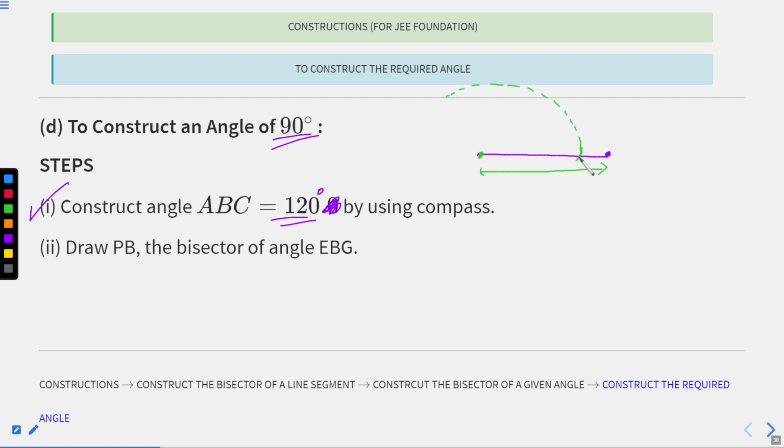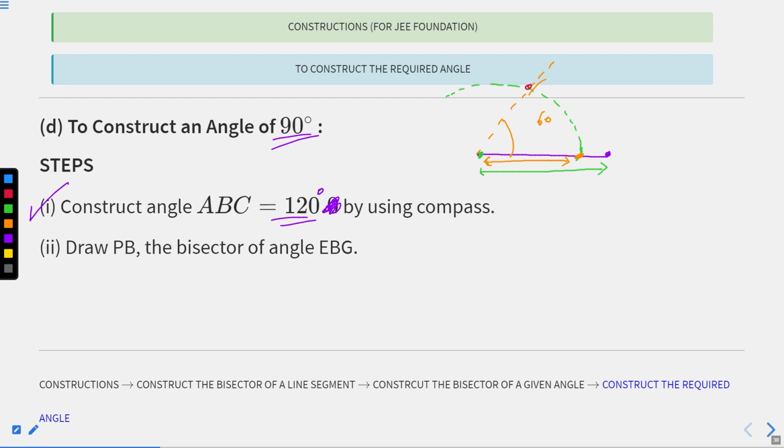Now my center is on the intersection point of the arc and the line segment, and taking the same radius as we already took, we mark an angle here which will be our 60 degrees.